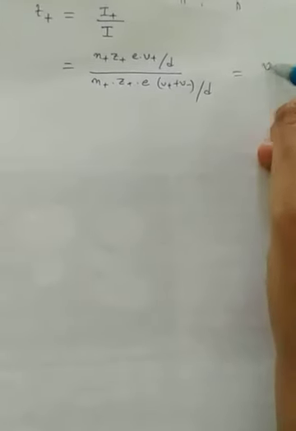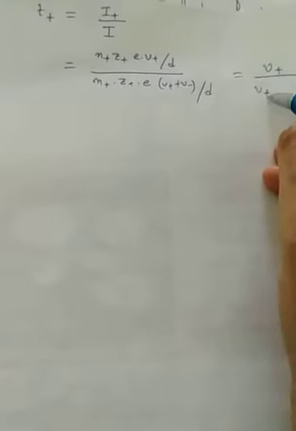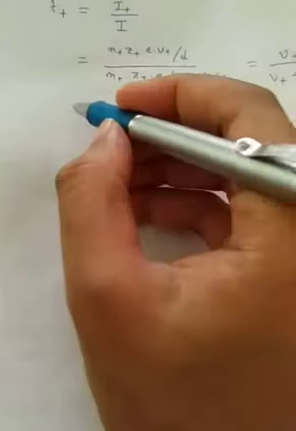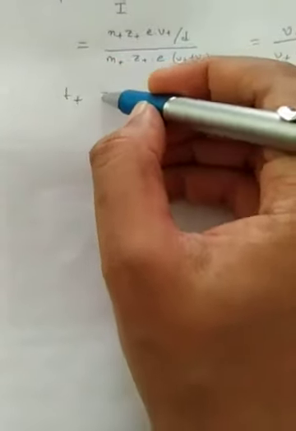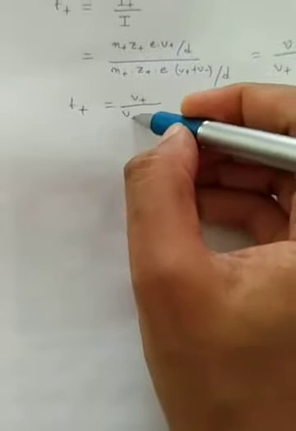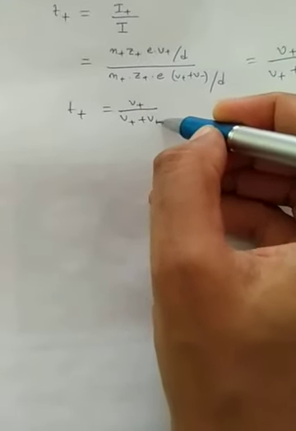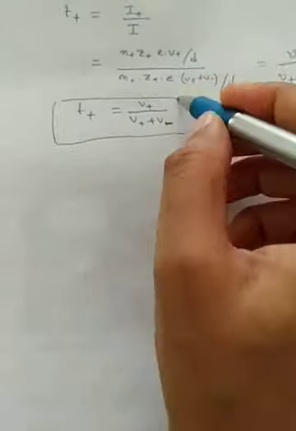So T plus is V plus divided by V plus plus V minus. This is the expression for the transport number of the cation.